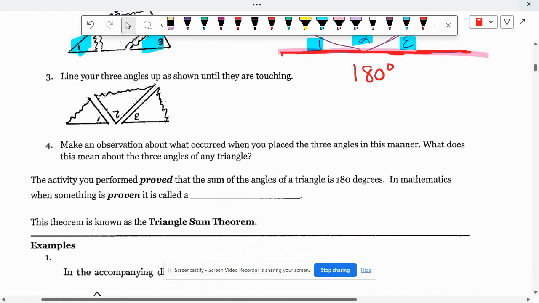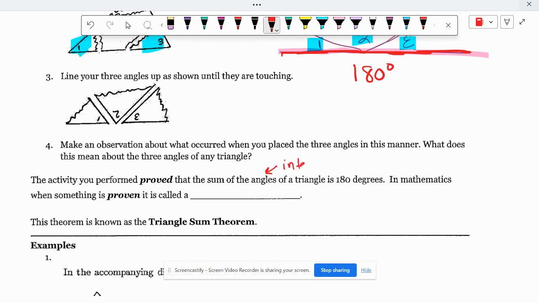So in this activity, we've just proved that the sum of the interior angles, the inside angles of a triangle, is 180 degrees. In mathematics, when something is proven, it is called a theorem. So we have actually just proven the triangle sum theorem.